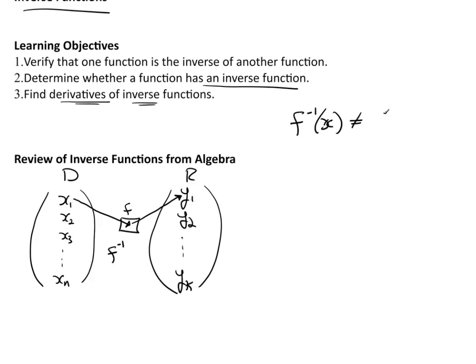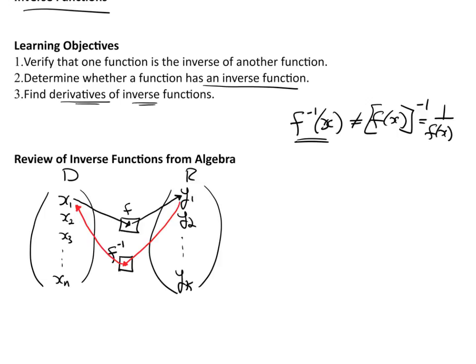That is not the same as f of x raised to the -1, because this is equal to 1 over f of x. This is the inverse of f. Two totally different things. Okay, so if I have this inverse function, which I'm going to think of as another box, what the inverse does is it takes values from the range, puts them into the function, and then maps them back to the original value of x.